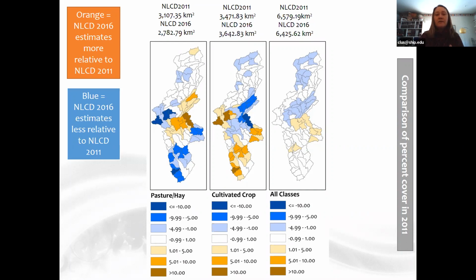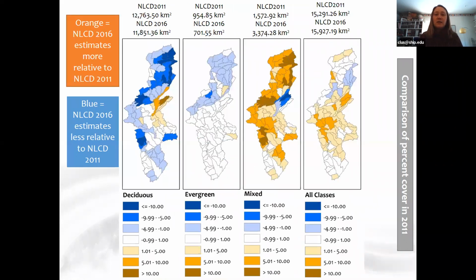And that difference in patterns is also pretty apparent in the forest classes. So here we have deciduous, evergreen, mixed, and then all forest classes combined. Again, interpreted in the same way. Now, if we look at urban, forest, and agriculture, it's also interesting to look at the degree of variability.